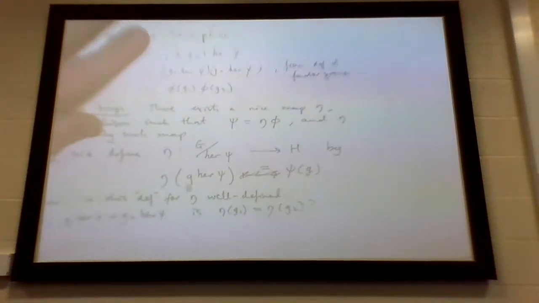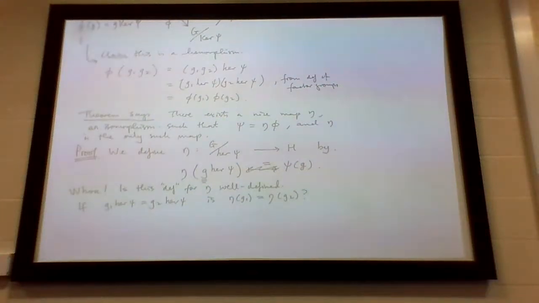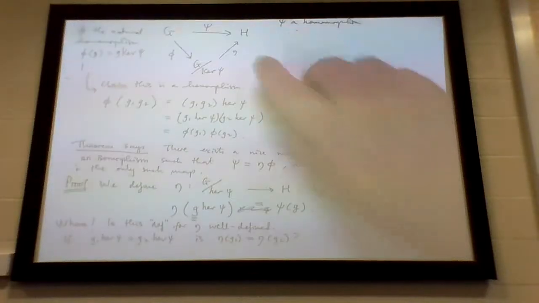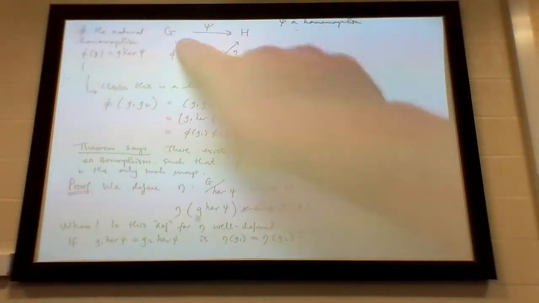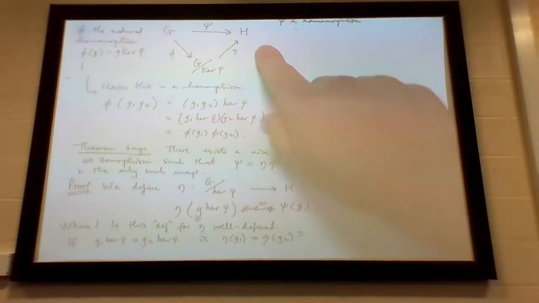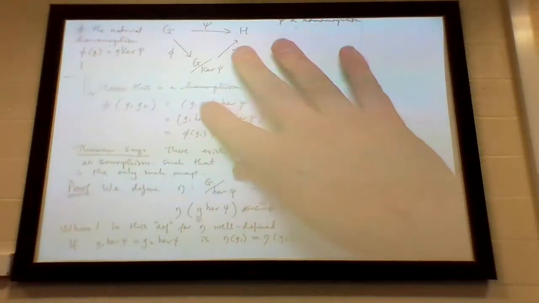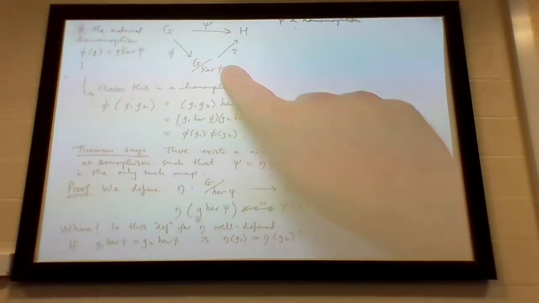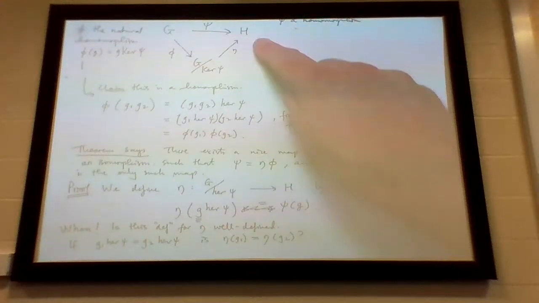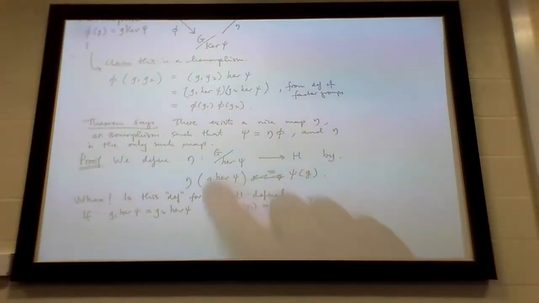It has to make no difference what representative you choose to perform the calculation. If we were just defining another map from G, that'd be okay, since different elements of G can take different values. But we're defining a map on the factor group, which is the set of cosets. So if we take different representatives of the same coset, it must give the same value.